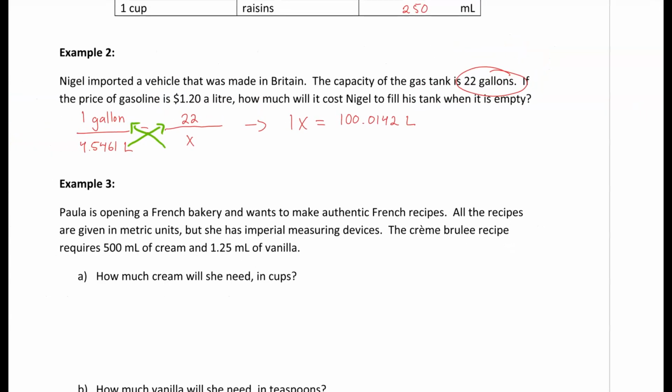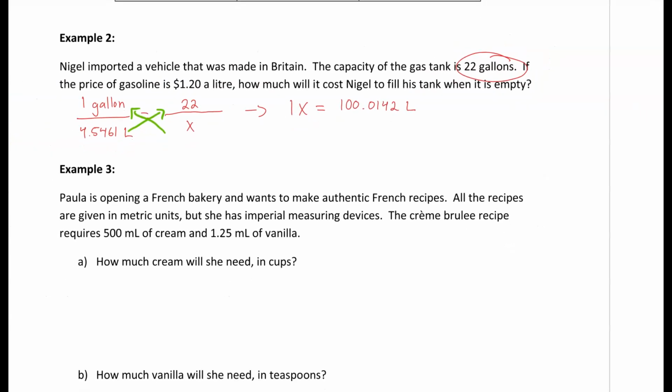Now, we're not done here because we first found out how many liters we have, but we have to figure out how much it is actually going to cost. Well, we look up here and we're paying $1.20 per liter, and we have 100 and a bit liters to fill up this gas tank.